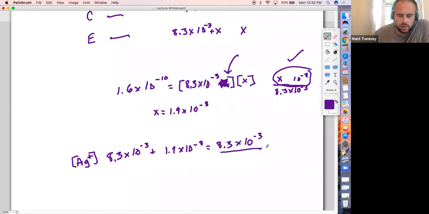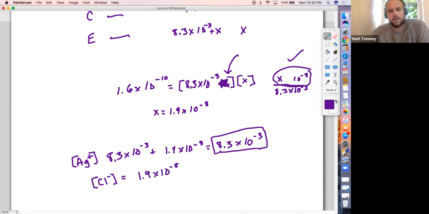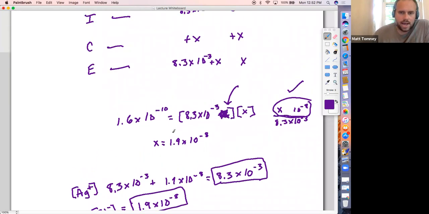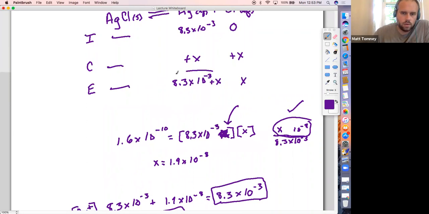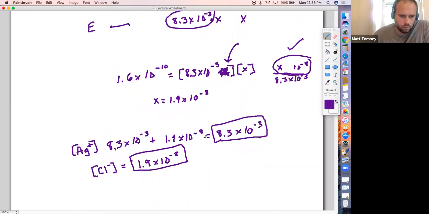So this is the value of silver in the common ion, okay? And then the value of the chloride ion is going to be equal to 1.9 times 10 to the negative eighth. Now, in a normal example, where we're not having common ion, this value would not be present in the ICE chart. It would just be X and X. And so these two would equal one another.